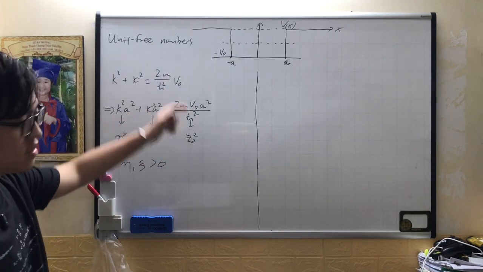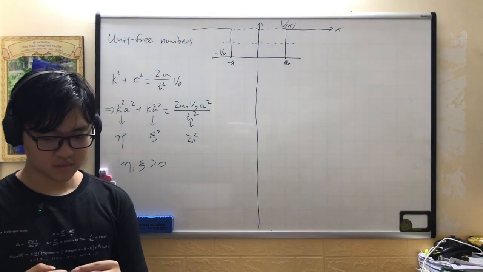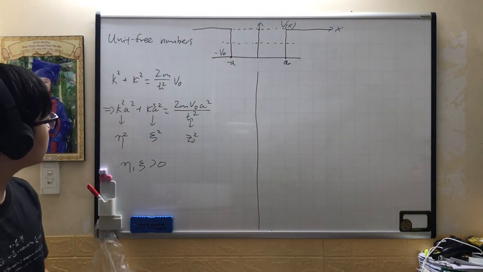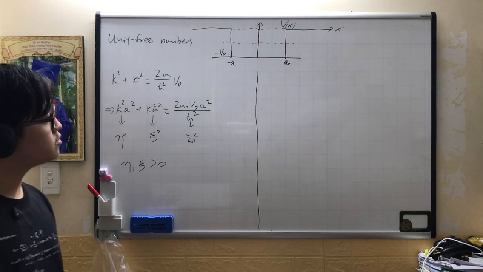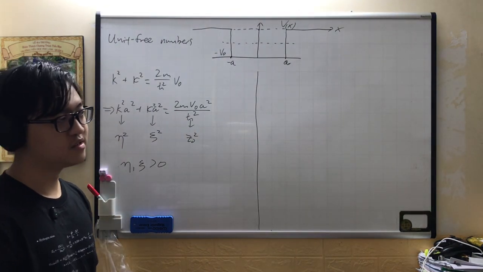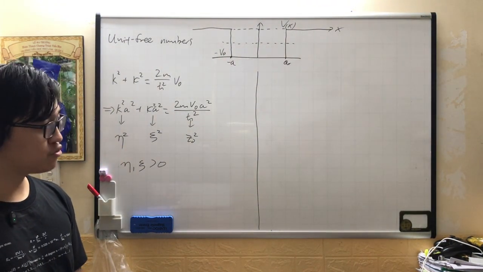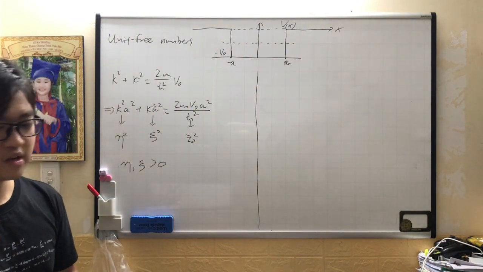And z naught squared is equal to that. So there we go. These are the unit-free numbers you would be using in a finite square well potential system. And now we're going to move on to solving this.